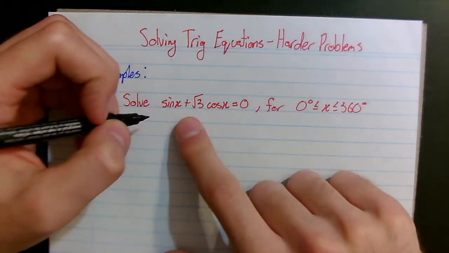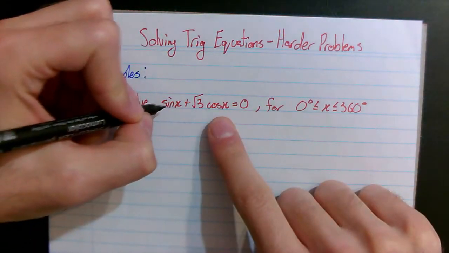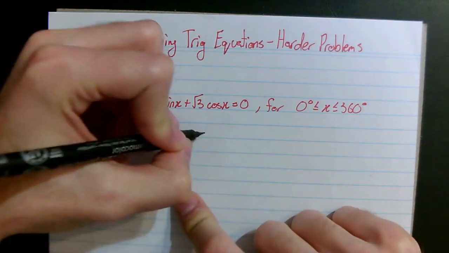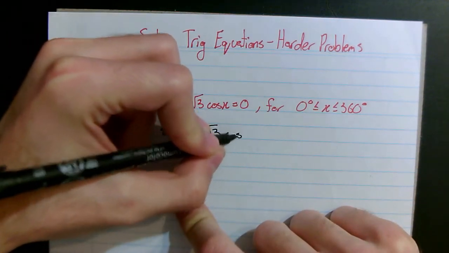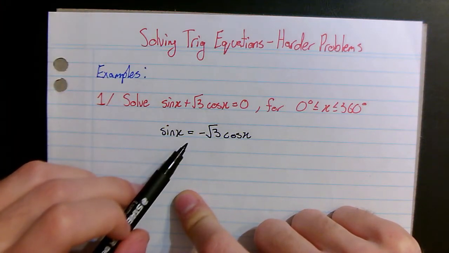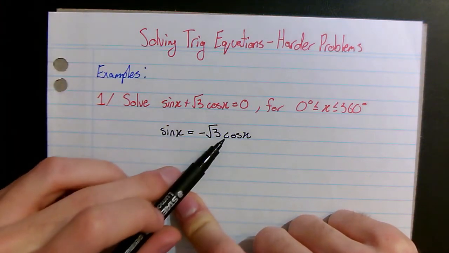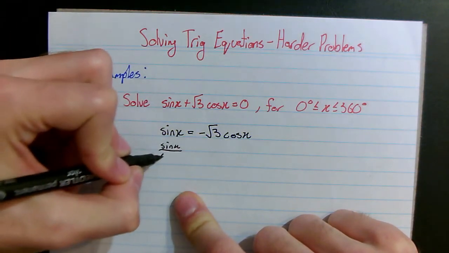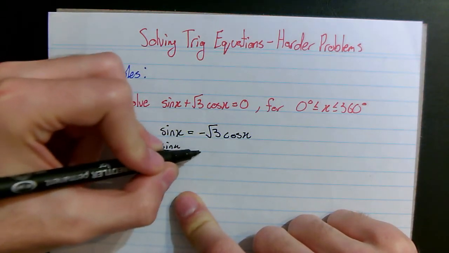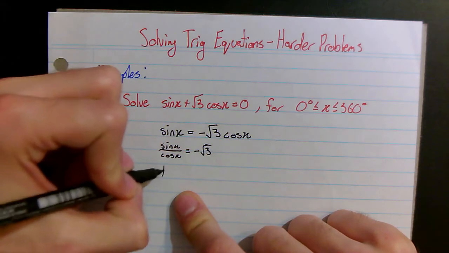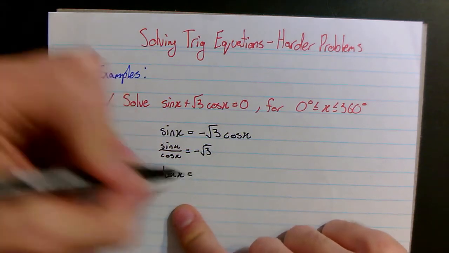So what we're going to do is subtract root 3 cos x, and we get sine x is negative root 3 cos x. Then I'm going to divide by cos x, so I'll get sine x over cos x is equal to negative root 3. We should know that sine x over cos x equals tan x by the trigonometric identity.